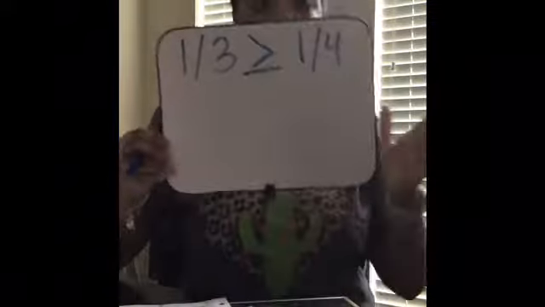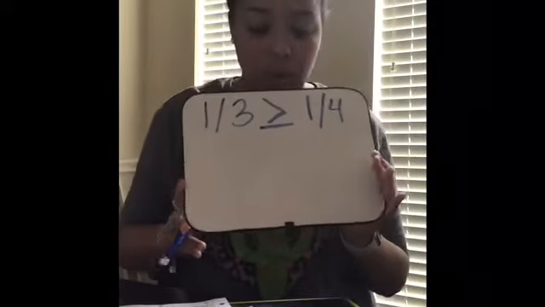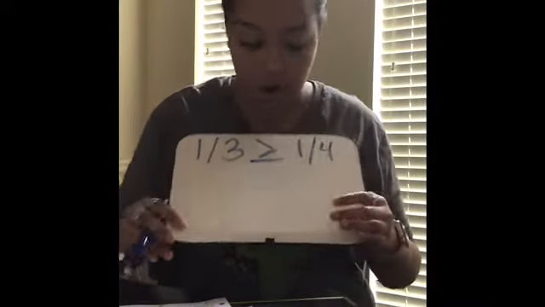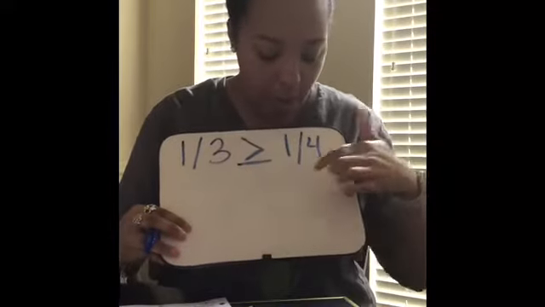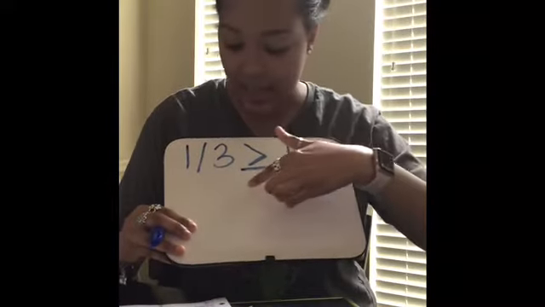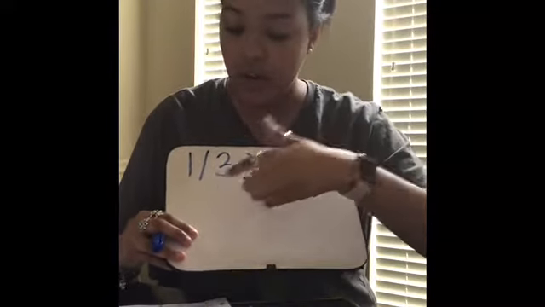And I'm going to write this on the board as well, just in case. It's bigger. Okay. One-third is larger than 1/4. You also can read this as 1/4 is less than 1/3.